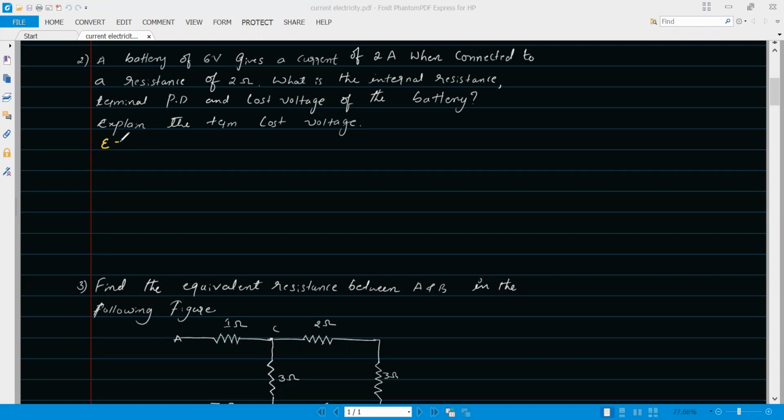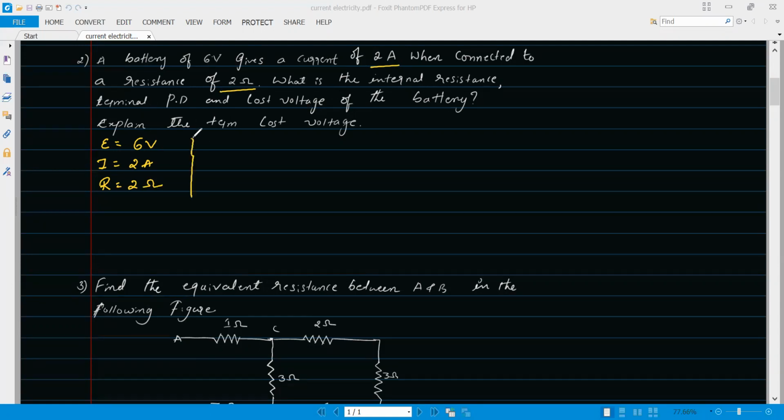A battery of 6 volt. That is the EMF they have given, E is equal to 6 volt. Next, it gives a current of 2 ampere, that means current I is equal to 2 ampere, connected to a resistance of 2 ohm, that means R is 2 ohm. What is the internal resistance?